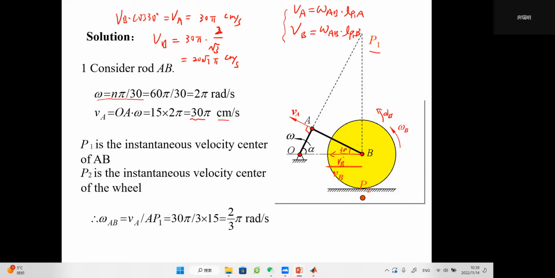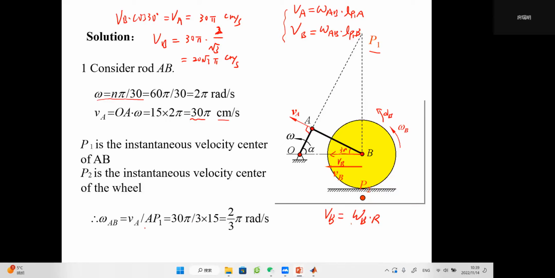So here we can see this point B is also a point on the wheel. So we also have VB equal omega B times R. This R means the distance from B to the point P2. So if we can find VB, we just need VB over R, and we can find omega B, right?